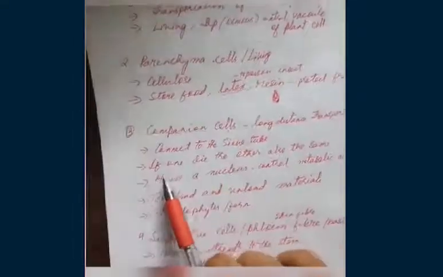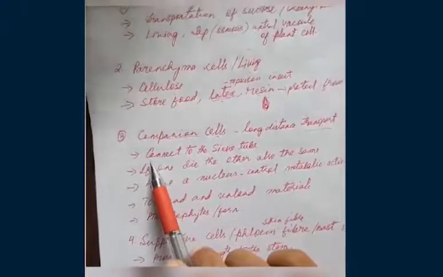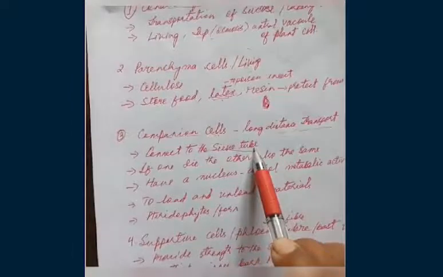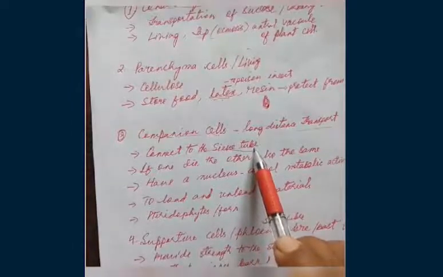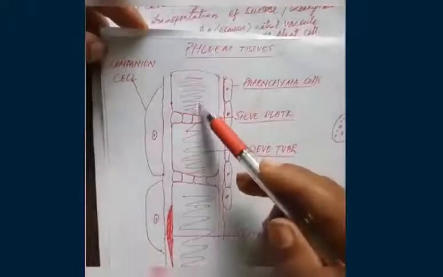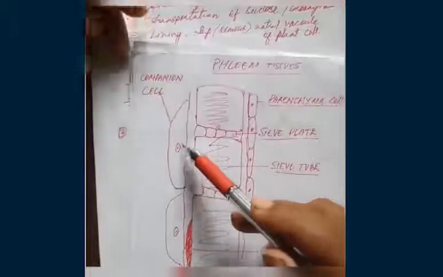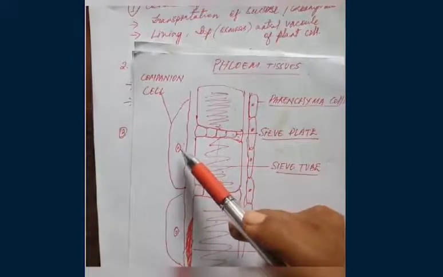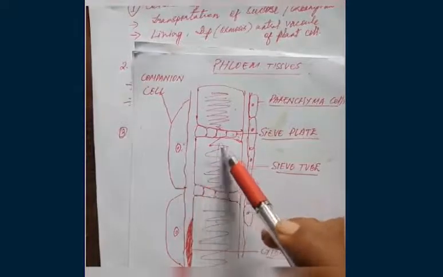And the function that it has is it connects to the sieve tubes. Wait, I'll show you the diagram. How does it connect with the sieve tubes? You see, this is the sieve tube, right? This is the companion cells. I've told you, companion means friend, so this acts as a friend to the sieve tubes.